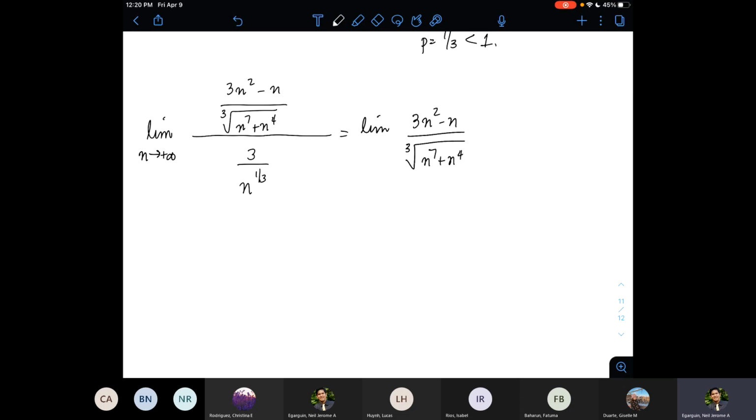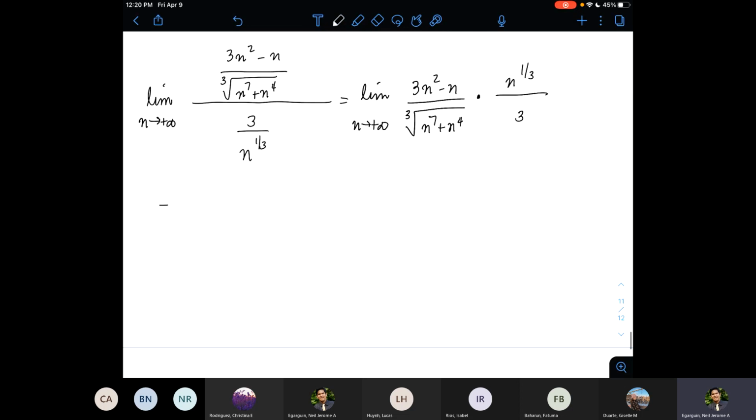I'll turn the division into a multiplication. Okay, and then some more manipulations. So I'll have 3 and n to the 2 plus 1/3, so that's going to be 7/3, minus n to the 4/3, all over 3 times the cube root of n to the 7th plus n to the 4th.